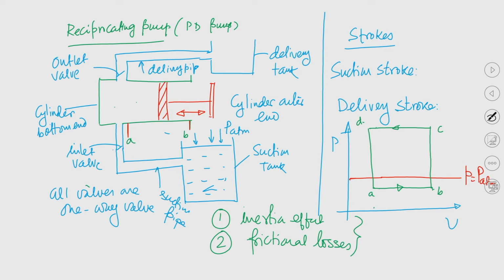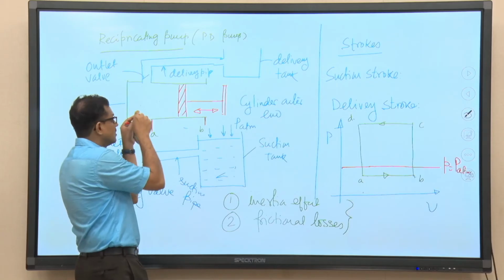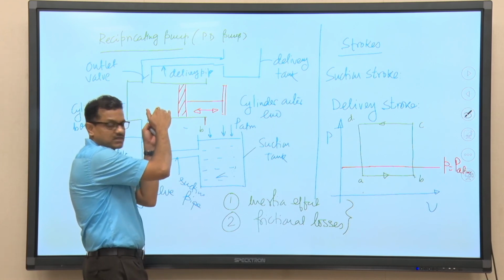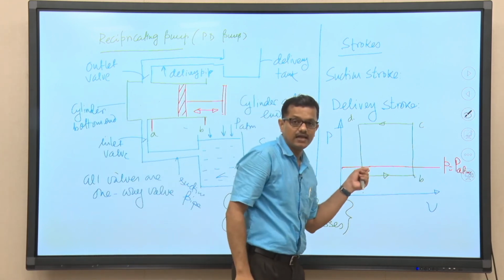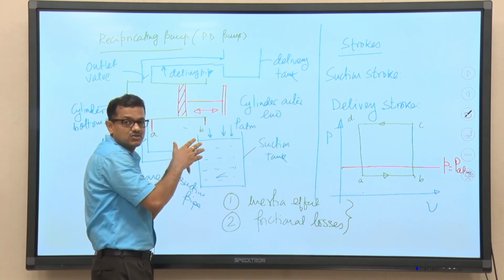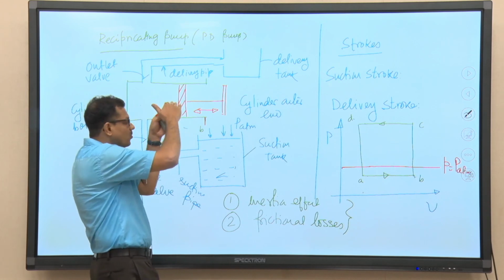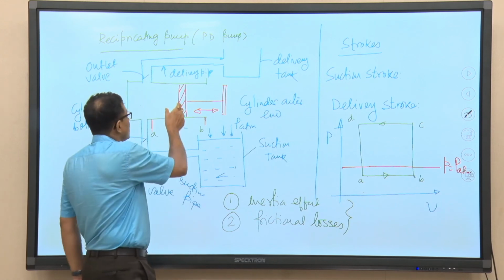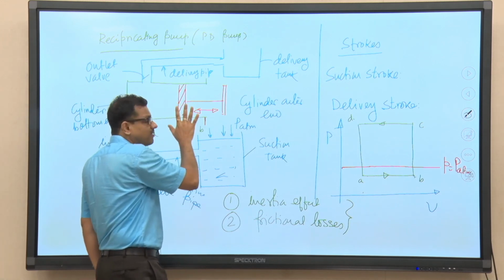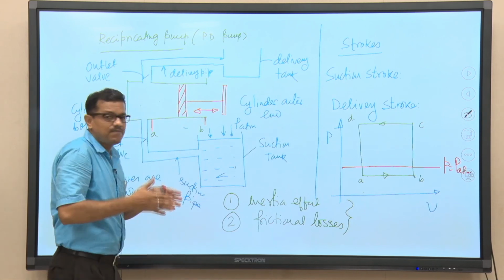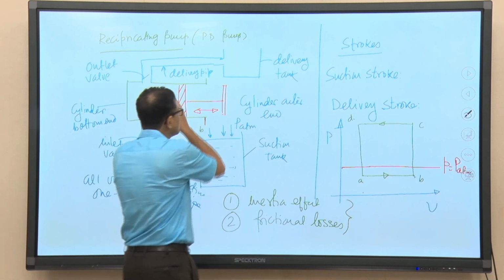At the beginning of the suction stroke, when the piston is moving from point A, definitely the pressure inside the cylinder will be less than atmospheric pressure, and that is identified as point A. Now, as the piston travels towards B during the suction stroke, the pressure in the cylinder will be very close to atmospheric pressure, because when the piston has reached point B, liquid flow from the suction tank to the cylinder has stopped.